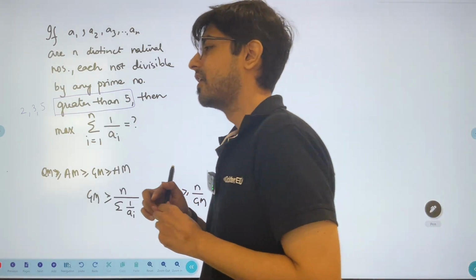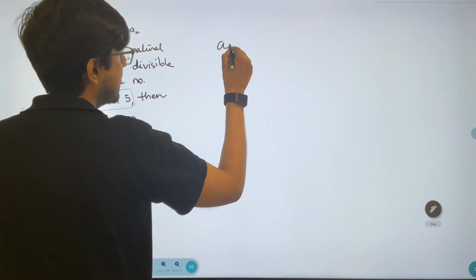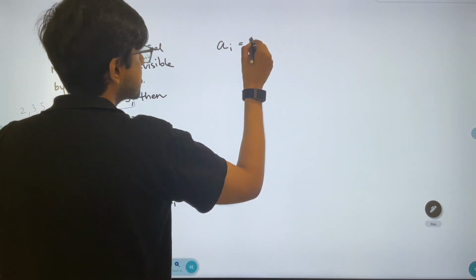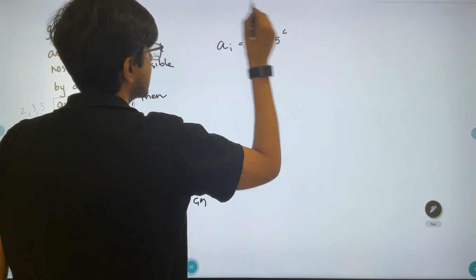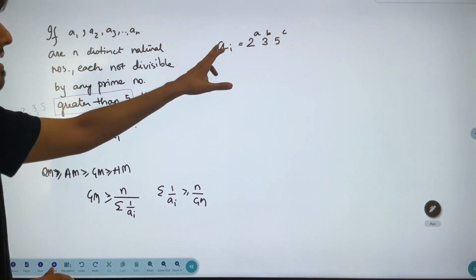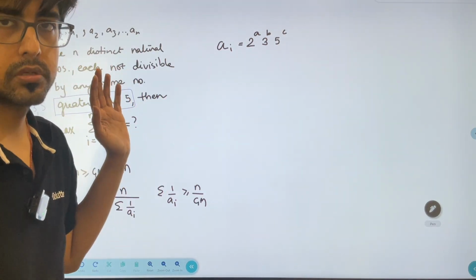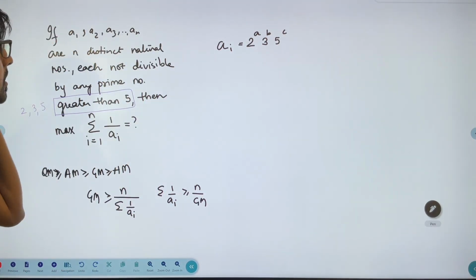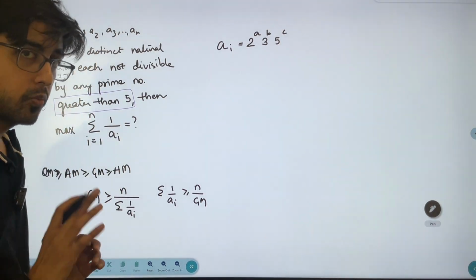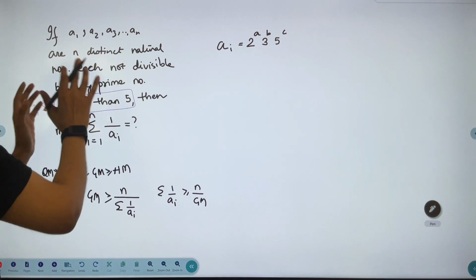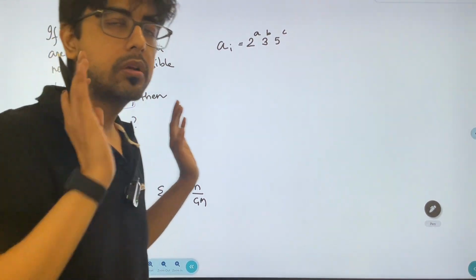Alright, now we can say that each of AI can be written as 2 power A, 3 power B, 5 power C, where A, B and C are whole numbers, right? There is no criteria that any of these numbers can't be 1 as well. It can be 1 because they are distinct natural numbers, not divisible by any prime number greater than 5.